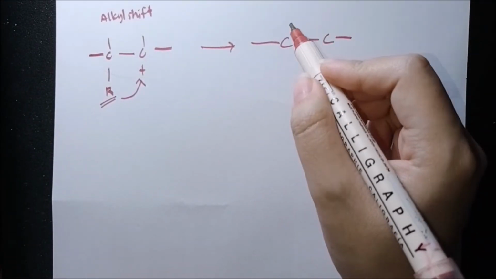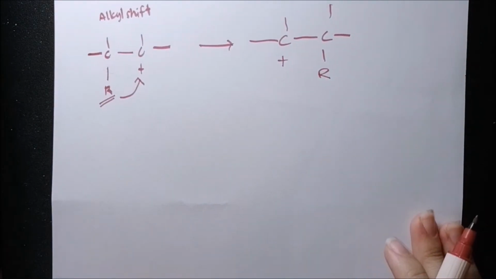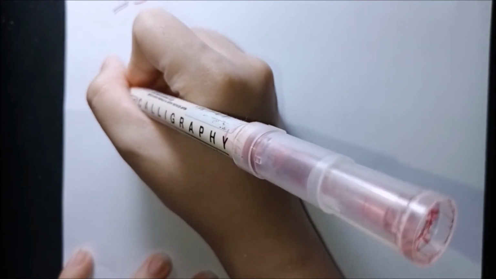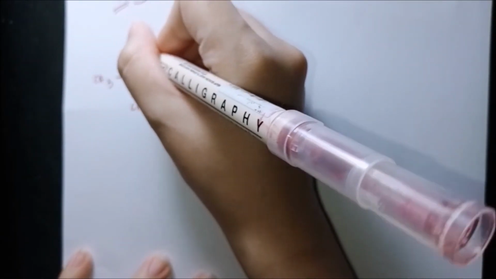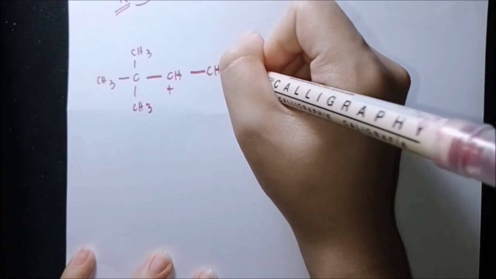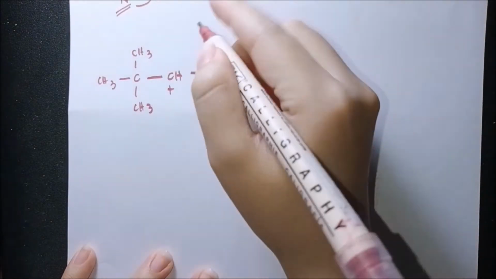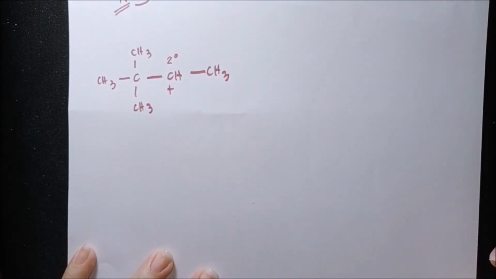An example of an alkyl shift is when we have this carbocation. We can see that this carbocation is a secondary carbocation because the positive charge is on the secondary carbon.